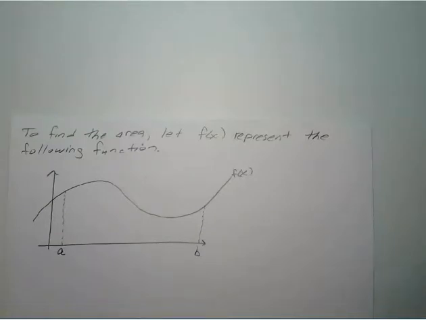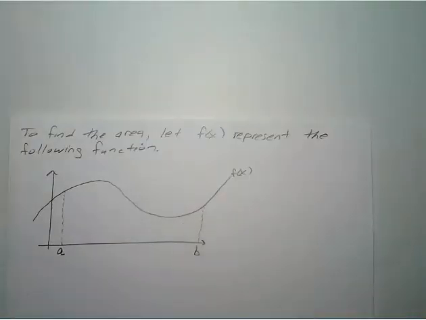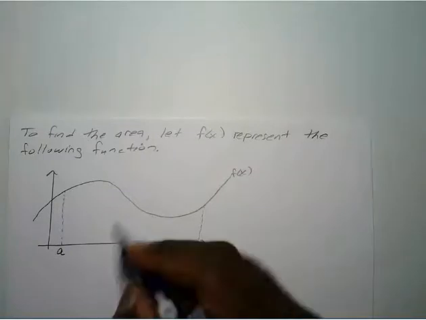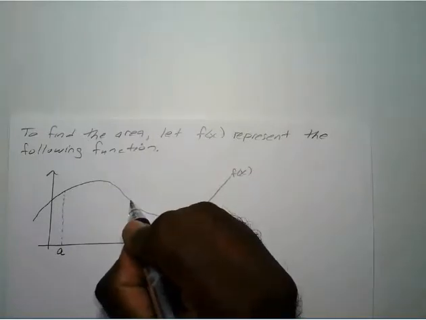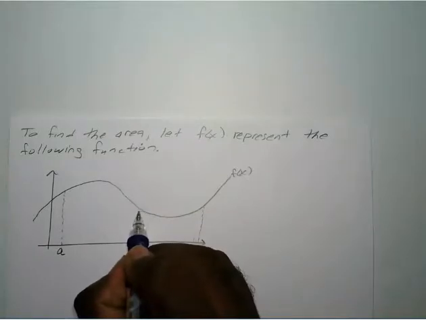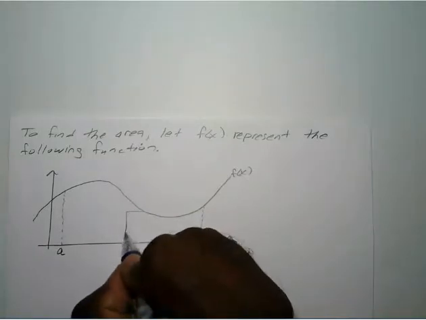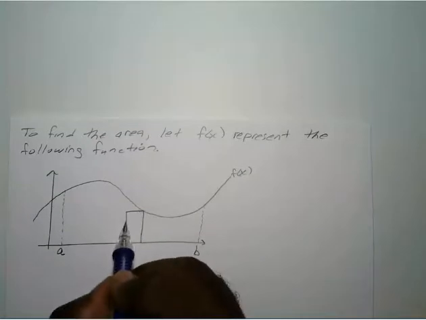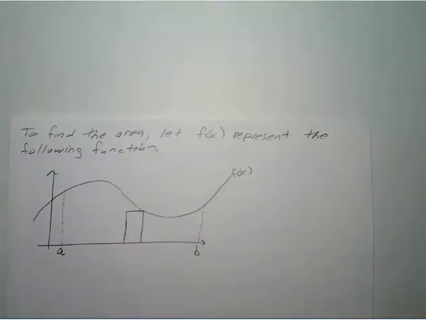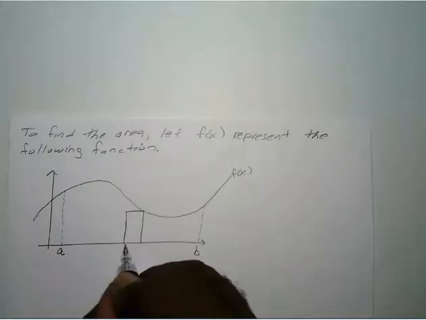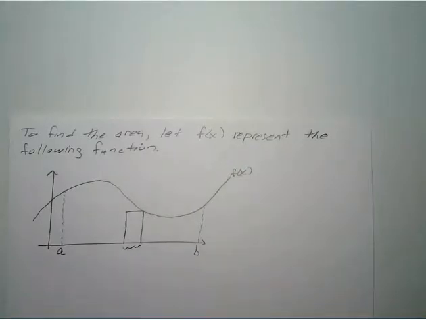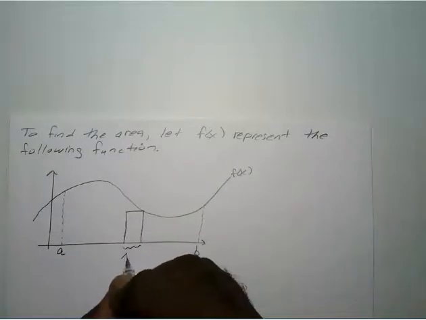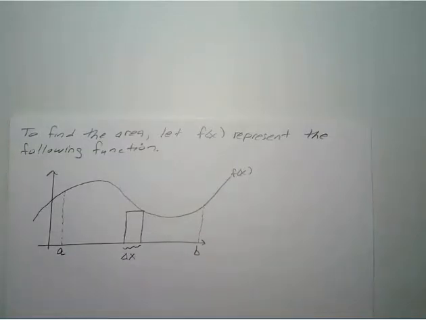Now, if we want to use an inscribed function, we're going to have to pick a point. So let's say we have some point right here. We just pick that little chunk out of the graph. We could have picked anywhere. The width of our rectangle, we're going to call that delta x, or change in x.